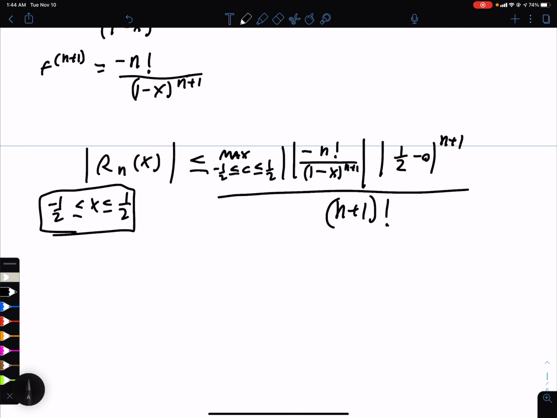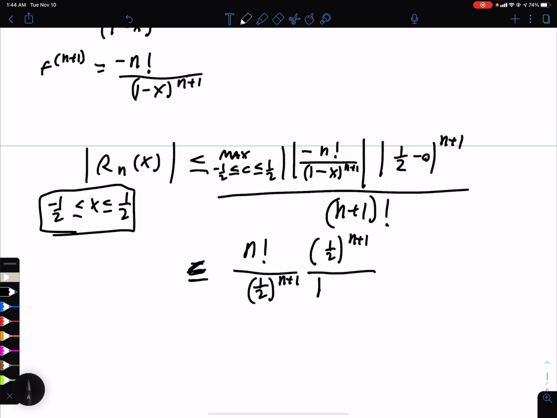So we have less than or equal to n factorial, the negative disappears because of the absolute value, over 1/2 to the n plus 1, times 1/2 to the n plus 1, all over n plus 1 factorial. Those will cancel. That cancels with that, leaving n plus 1. So this equals 1 over n plus 1.